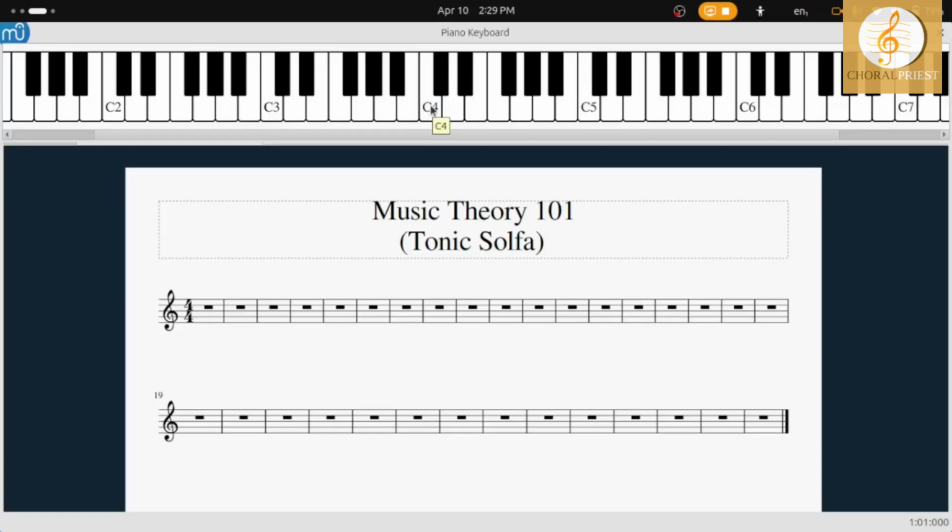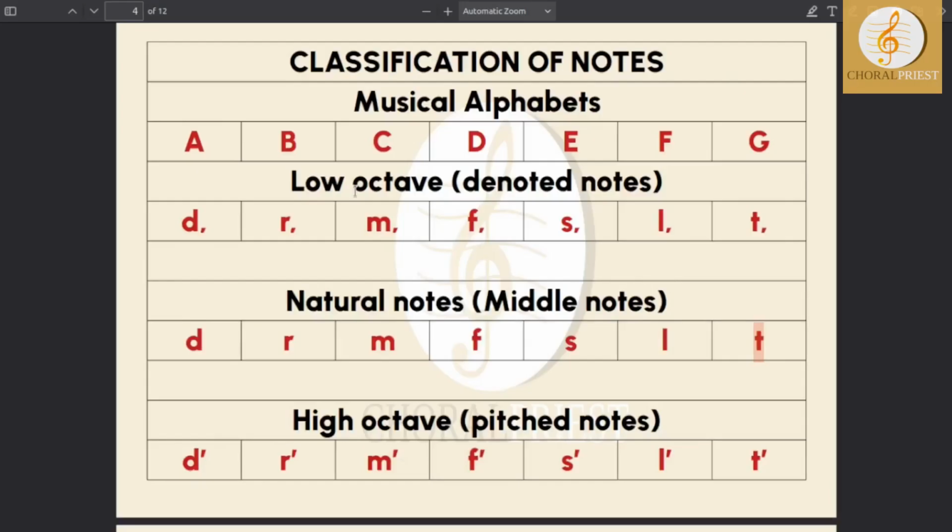Now the natural note will start at C4. That is the natural note. Then the high octave will start at C5. So that is it. That is it about the low octave, the natural note, and the high octave.